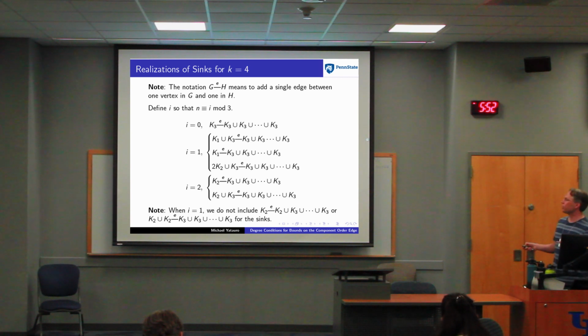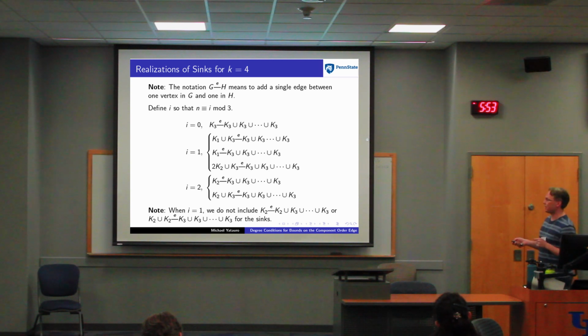You don't include any of the degree sequences that come from adding an edge. If the smallest component is a K2, you have to add the edge between 2 K sub k minus 1s in order to get a sink. That's the only way to do it.